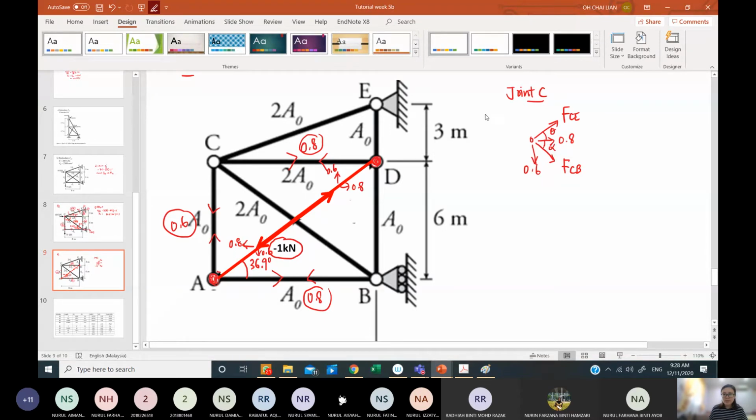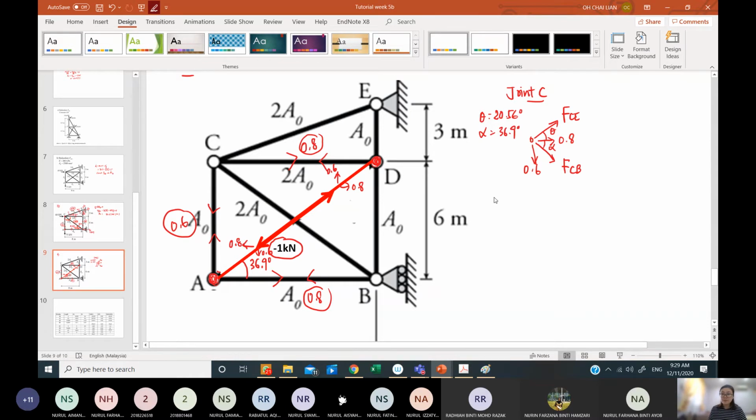My theta is 3 divided by 8, which is 20.56, and my alpha is 6 divided by 8, which should be the same, 36.9.